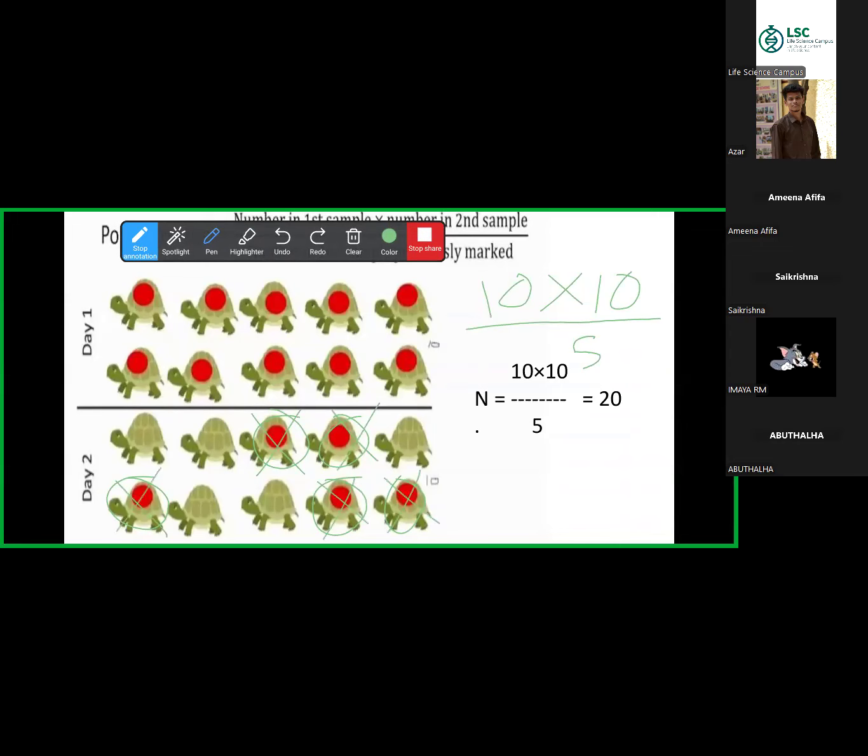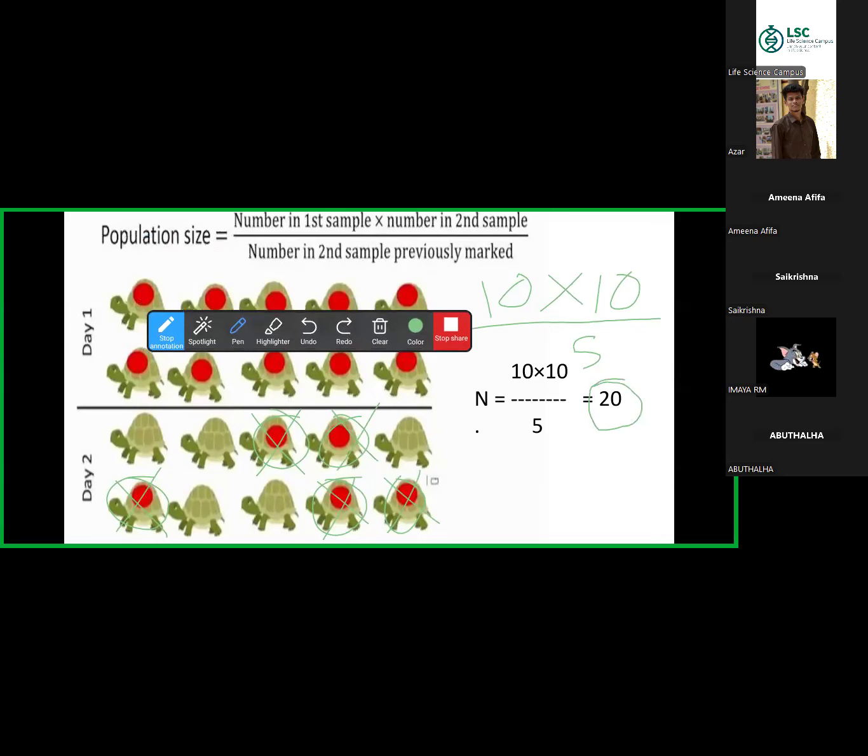This is the number of recapture. So 20 is the number of individuals.